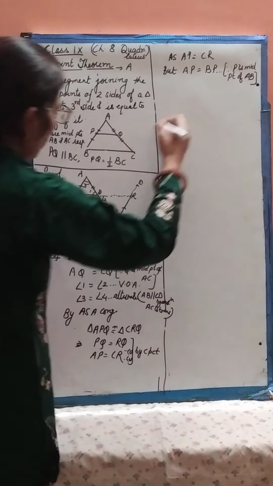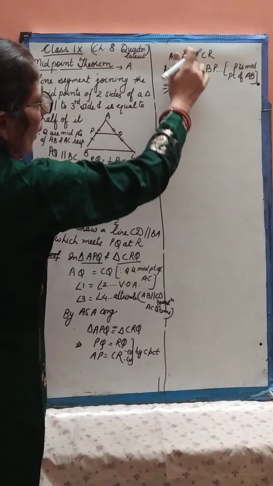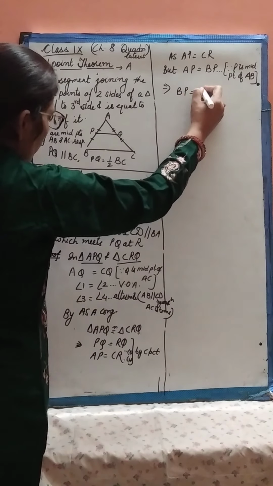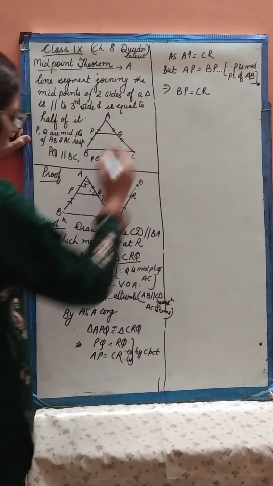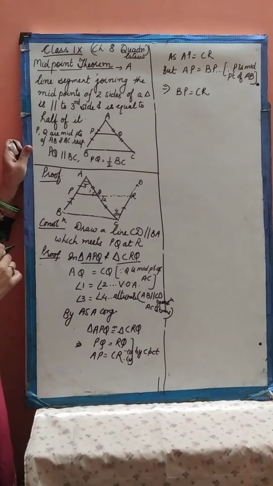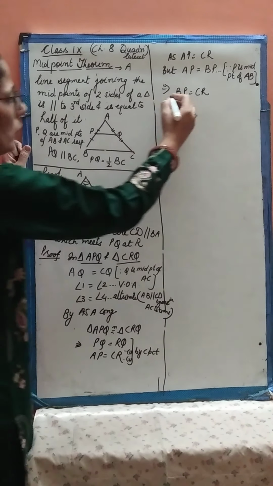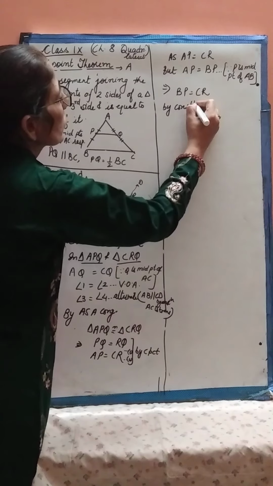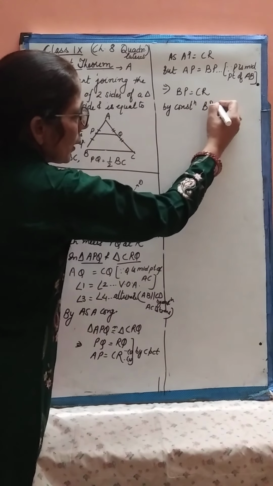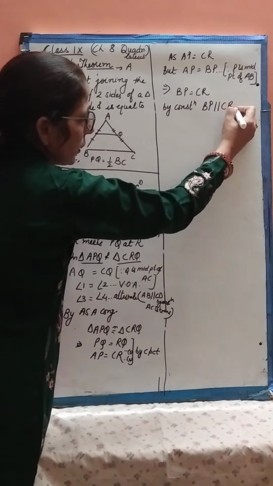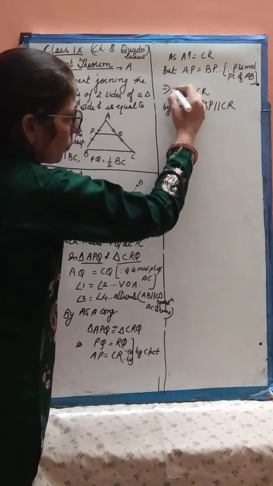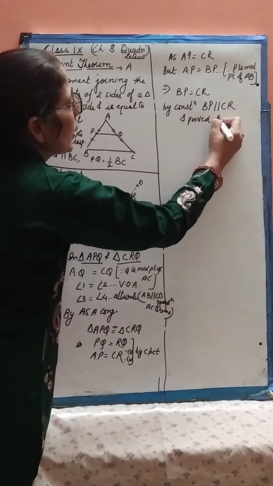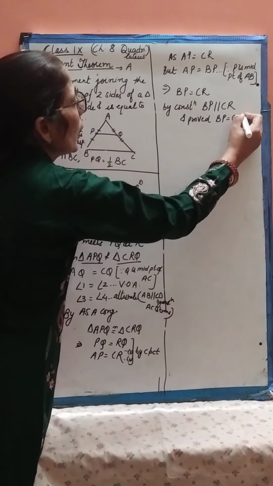Right. So what does it infer? AP and BP are equal, so we can say BP is equal to CR. Right. BP is parallel to CR also by construction. By construction, BP is parallel to CR, and we have proved that BP is equal to CR.